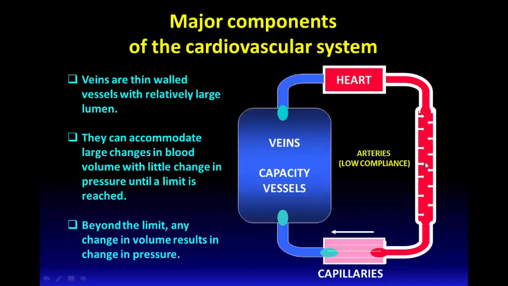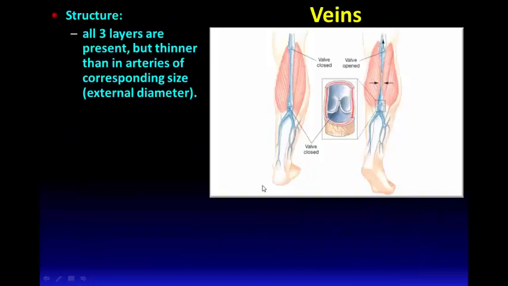The pressure is much higher in the arteries than in the veins. The arteries have lower compliance as compared with veins of corresponding size. Hence, arteries are considered pressure reservoirs, while veins are considered volume reservoirs.